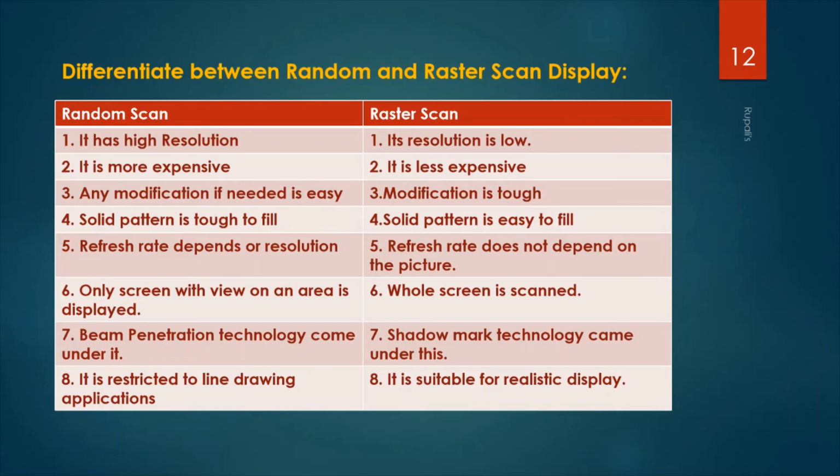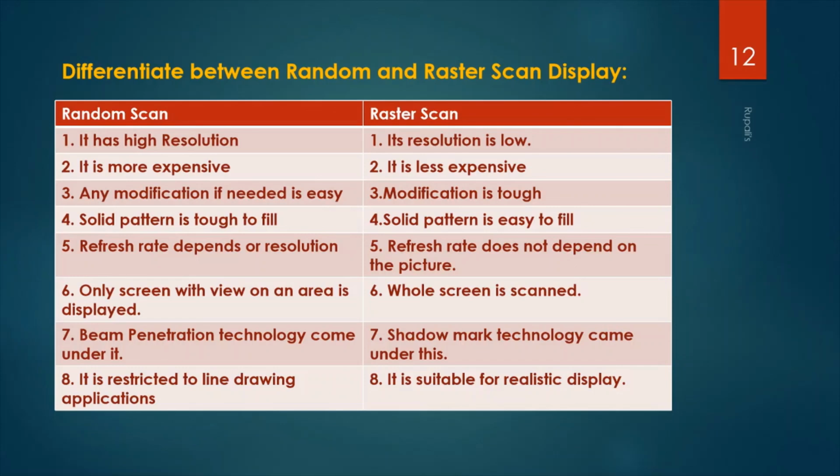Solid pattern fill is tough in case of random scan, but in raster scan it is very easy. Refresh rate depends on resolution in case of random scan, but in case of raster scan, refresh rate does not depend on the picture.